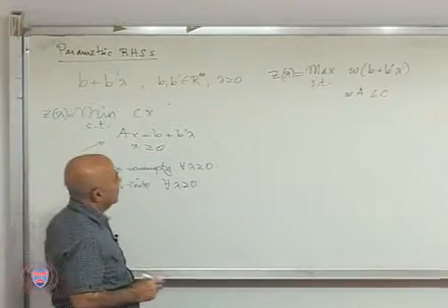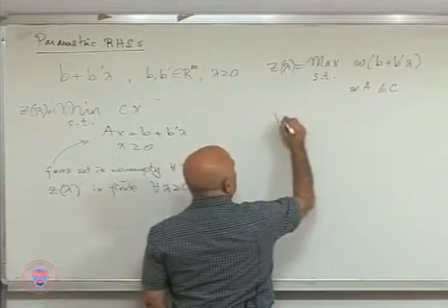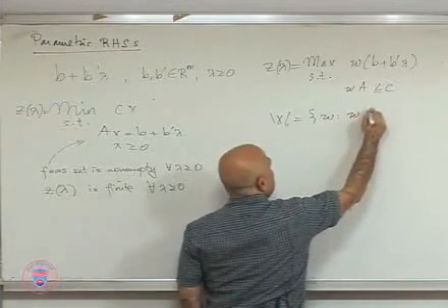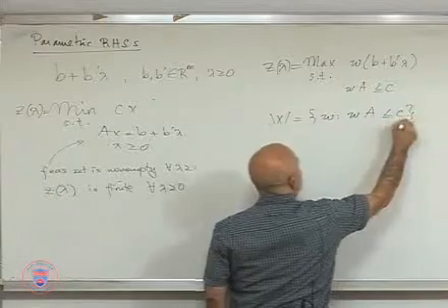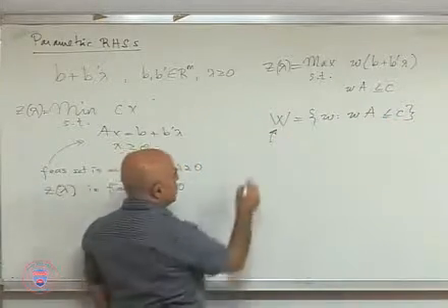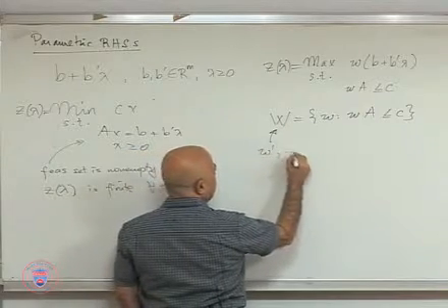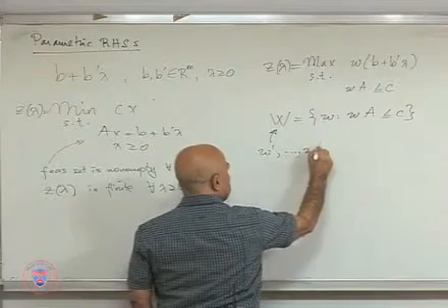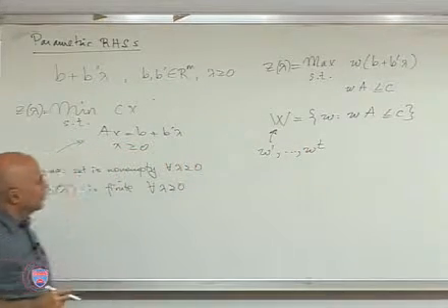So for that reason, if I define my W to be the set of W that are feasible to the dual, then this has extreme points, say W1 up to whatever, say WT, okay?